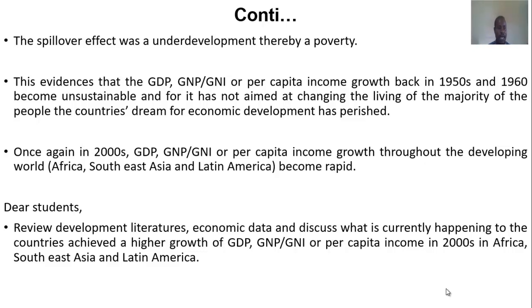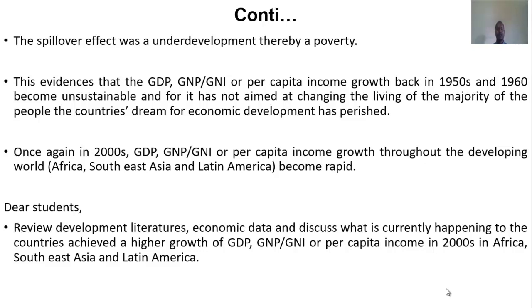Once again, in the 2000s, GDP, GNP, GNI, or per capita income growth throughout the developing countries in Africa, Southeast Asia, and Latin America became rapid. The trend started to increase, but not because the economy had shown structural changes.